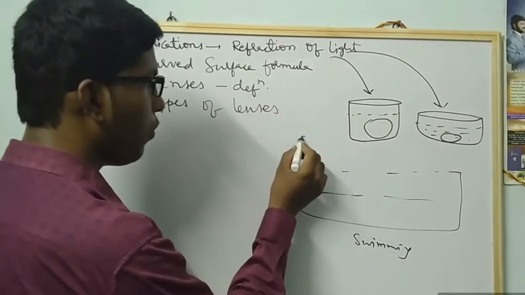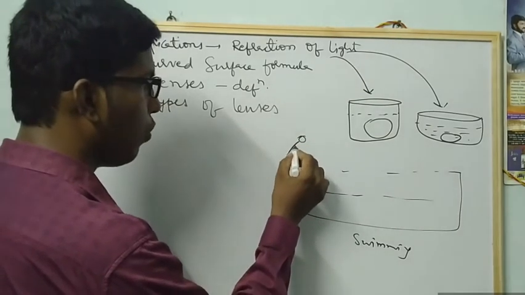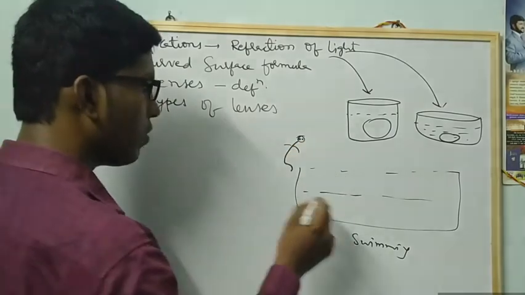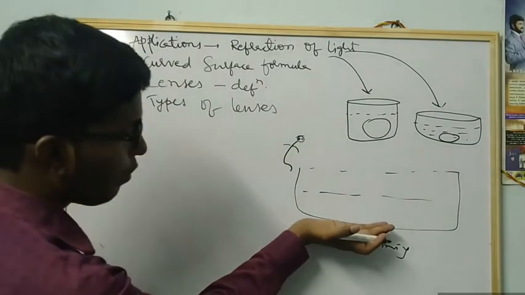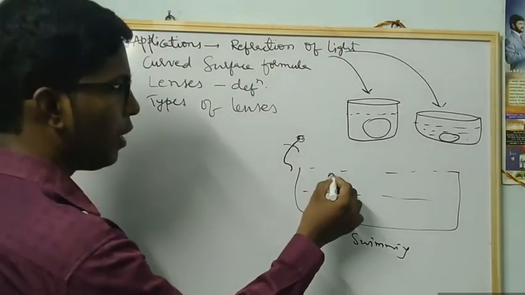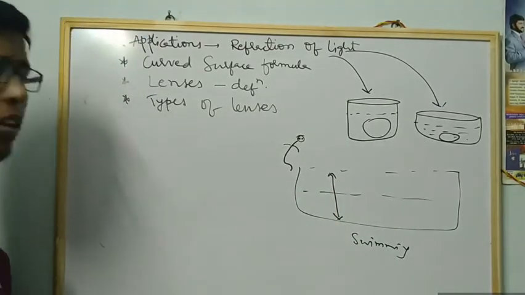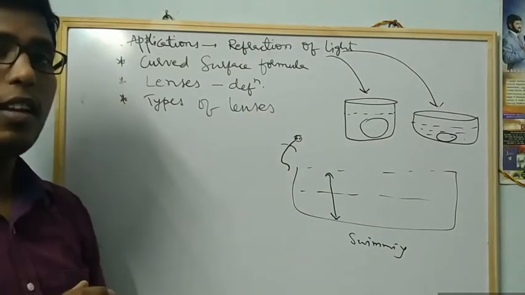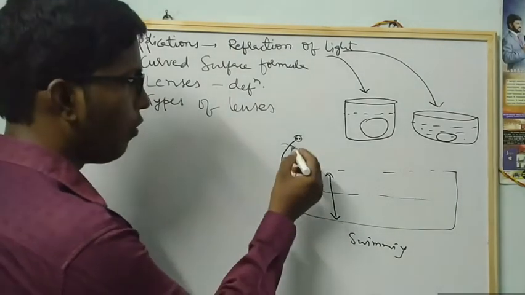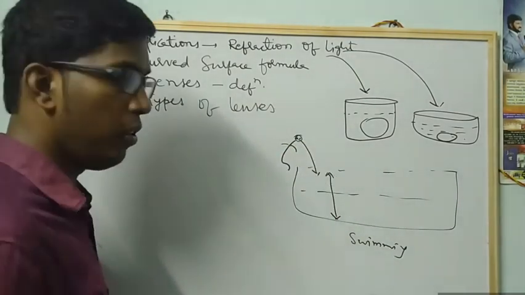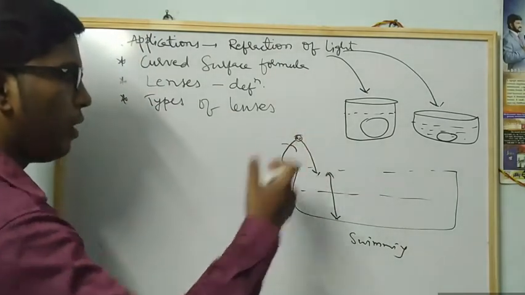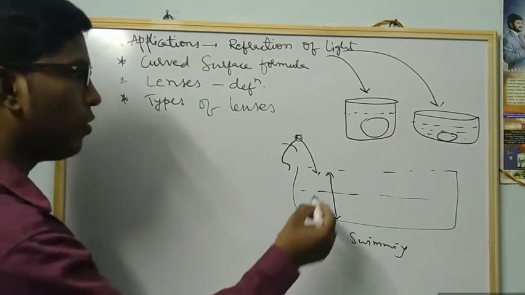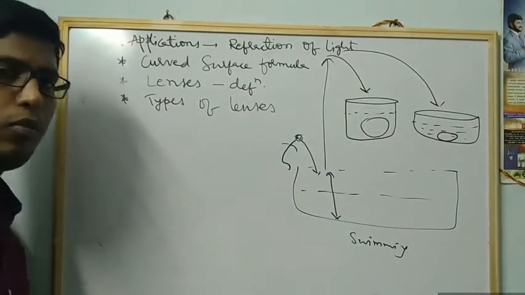If you look at the floor, the surface of the swimming pool, you find that it is a very low depth. But if you get into the water, you will get the real depth. While you look into the swimming pool from the outside, the depth will appear very less, and the reason is also refraction of light.